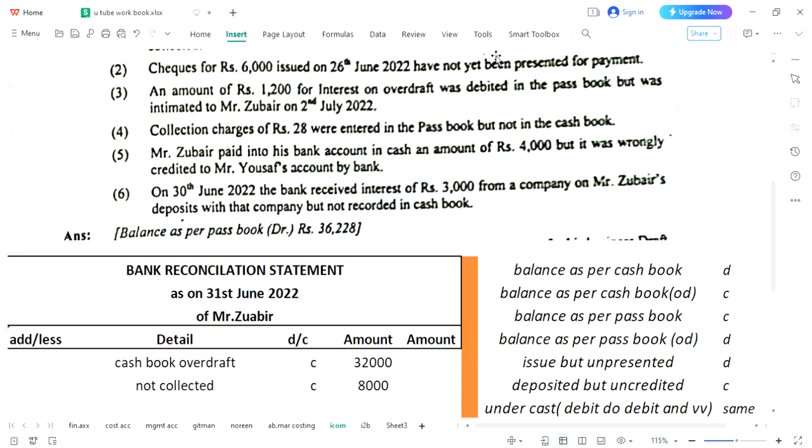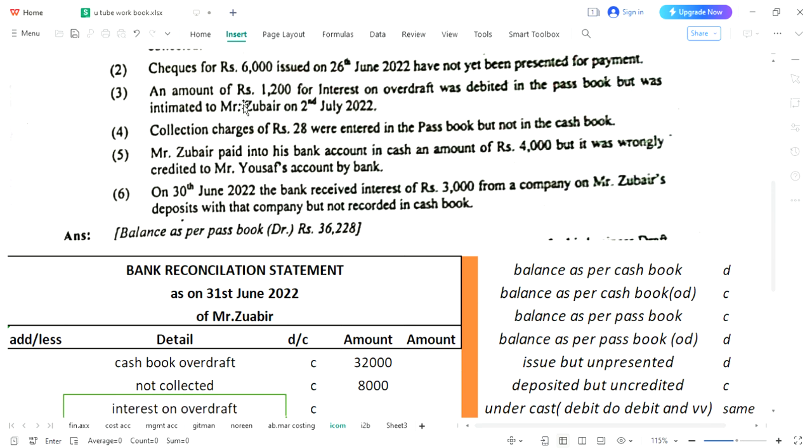Entry completed. Now the third entry is 1,200 interest on overdraft. Overdraft, we do know, is a loan, so interest would be paid. Paid means expense. In expenses we credit our bank account. So here we will put it on the credit side, and we'll mention it is interest on overdraft.